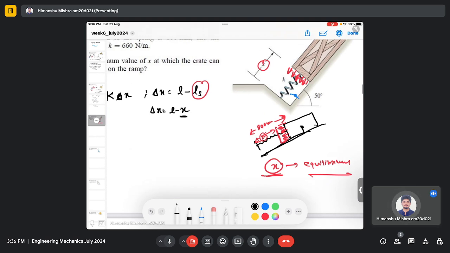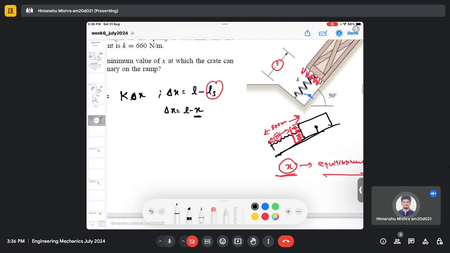We need to find this x where the box becomes stationary and does not move further. And what is the quantity which prevents the box from moving further? It is the friction force. So by using the force balance analysis in equilibrium, we need to balance the friction force and the other forces.